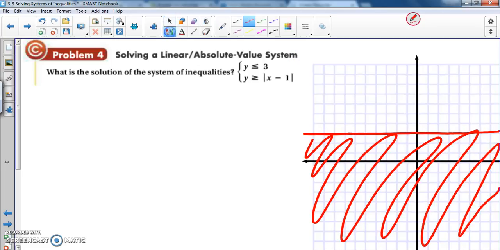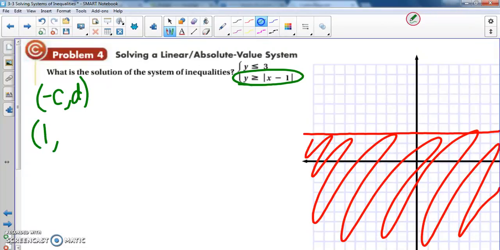Then we have our second inequality, which is y is greater than or equal to the absolute value of x minus 1. When we're graphing the absolute value, we need to find our vertex. So our vertex is the opposite of c, d. Therefore, our vertex is 1, 0.